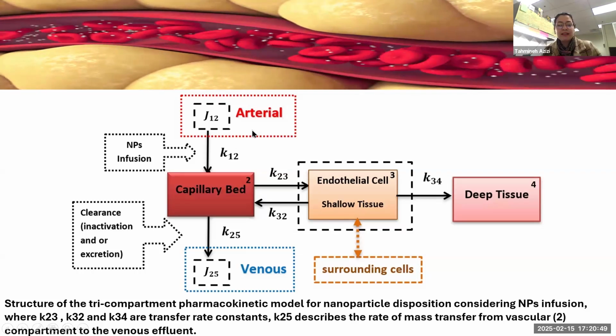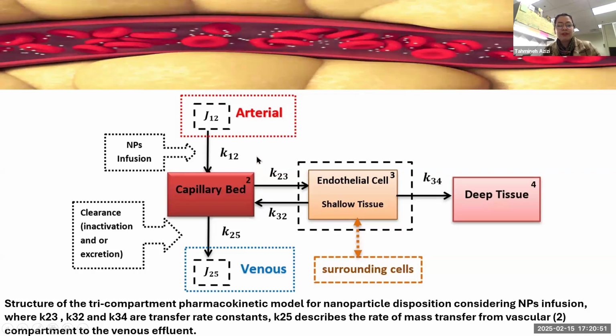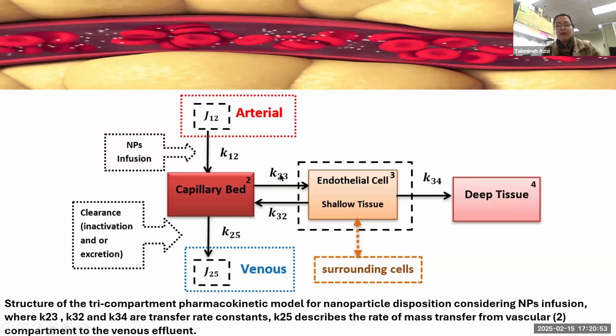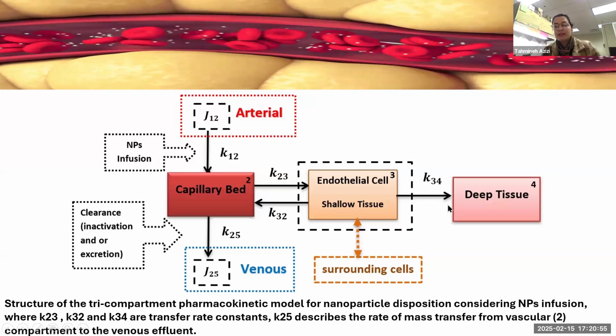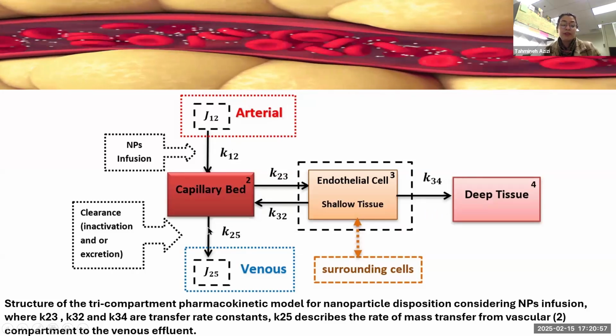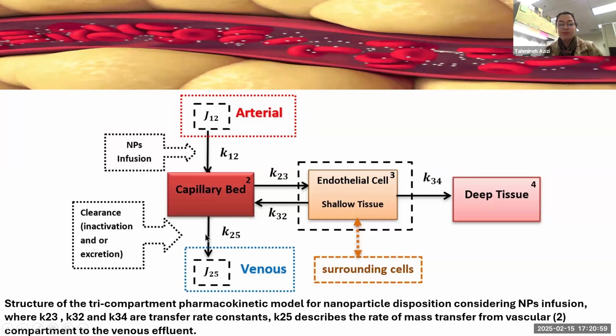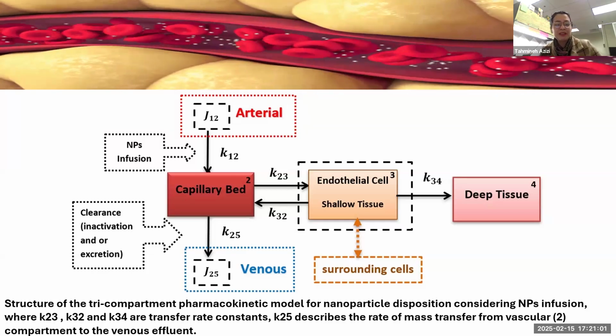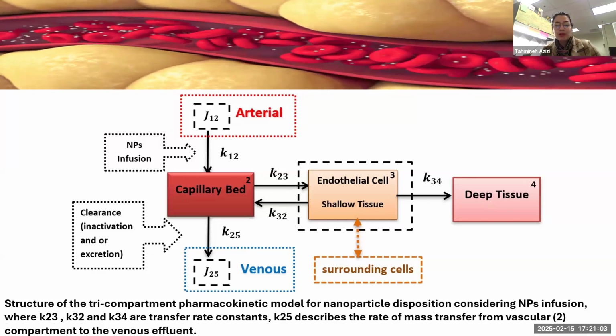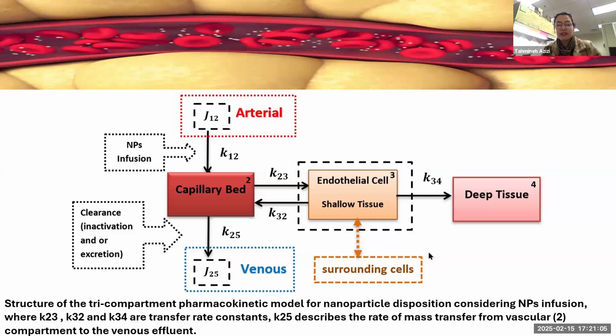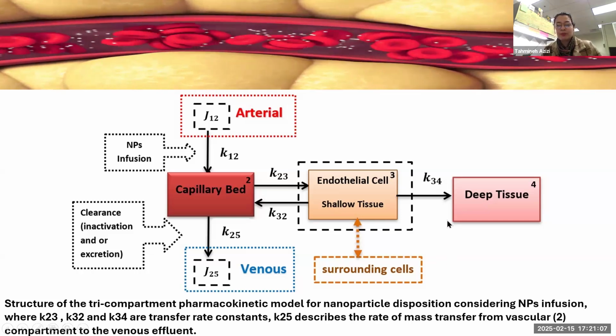So we have different rates coming from the infusion rate, and all of these rates between different compartments, and again, a rate of elimination. Using this simple integer order modeling, we can simply approximate all of these rates and find the concentration of drug that we have in different tissue.